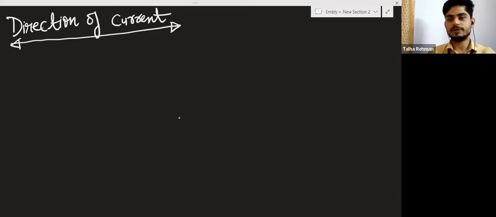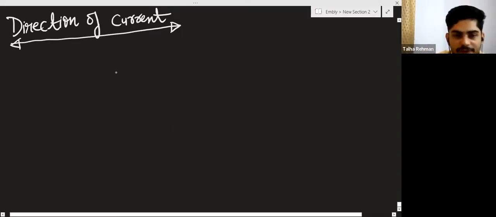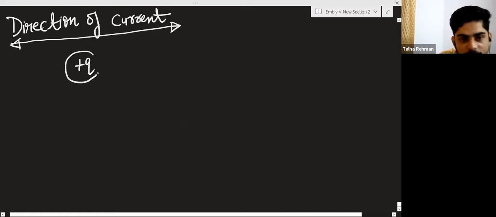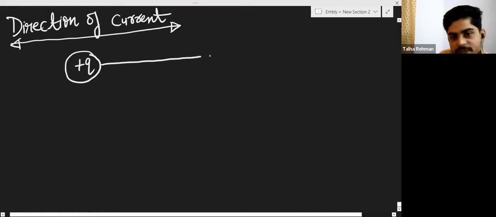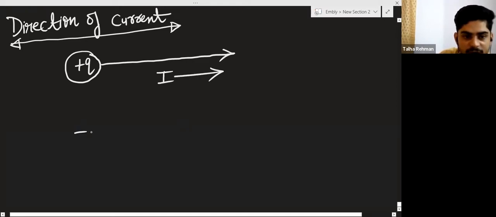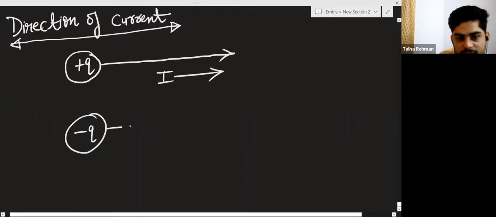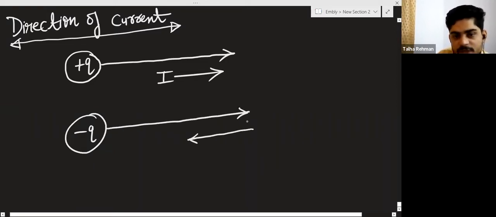Okay, fine. So direction of current simply is: if a positive charge is moving in this direction, then the direction of current will also be in this direction. If a negative charge is moving in this direction, then the direction of current will be opposite to the motion of charge.